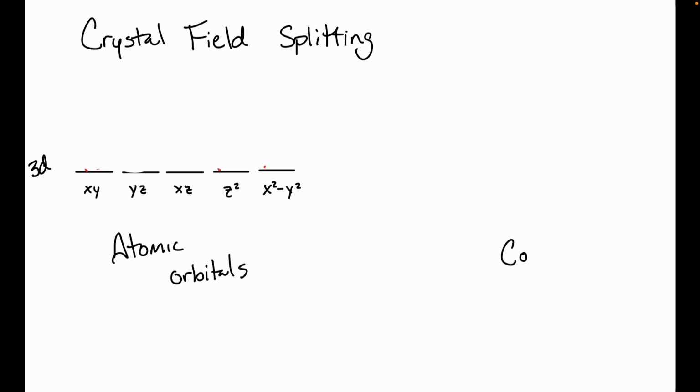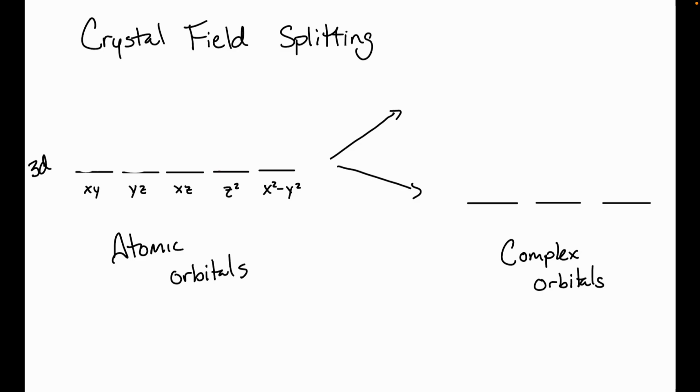Now we're going to draw the same thing, but for our complex. And it turns out that as soon as you stick all those ligands, all those water molecules, around, these atomic orbitals split in energy. Some of them increase in energy, others decrease in energy. And so what we're going to see is now we have 3 lower energy orbitals and 2 higher energy orbitals.